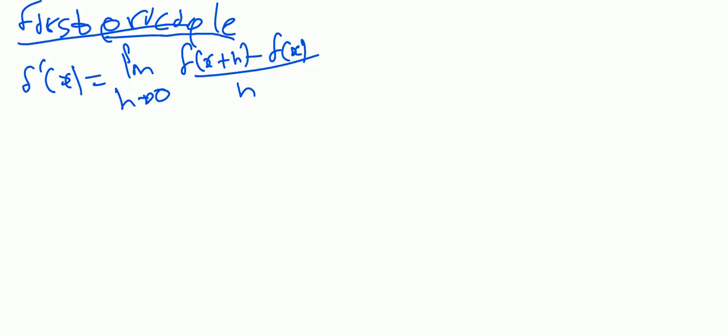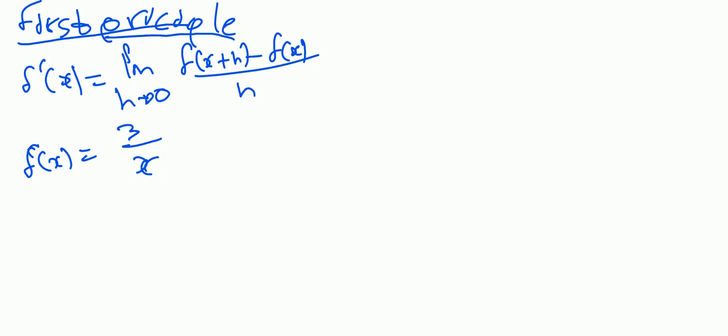Let's say you are given f of x is equal to 3 over x. They are saying differentiate this f of x from first principle. That means that you must find the first derivative of f of x using first principle. Remember, the requirement for first principle, we must have what?